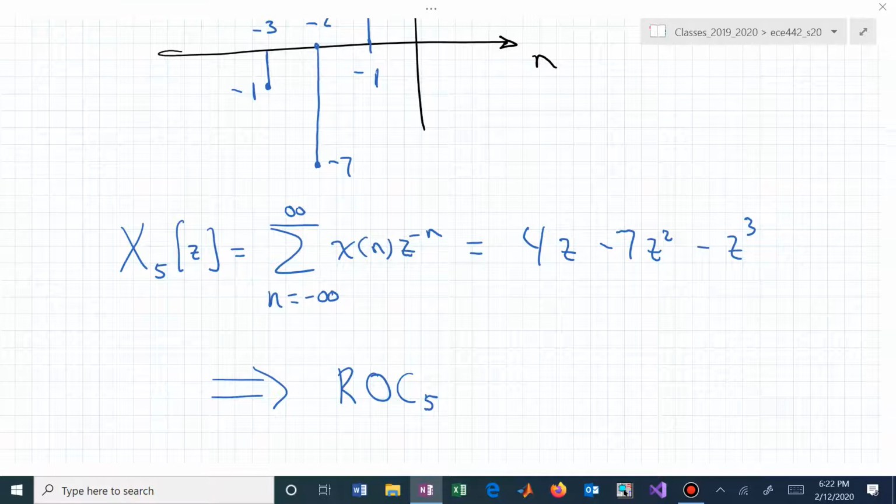Is the region of convergence unbounded? No, the region of convergence is bounded because it doesn't include infinity. It's not going unbounded.